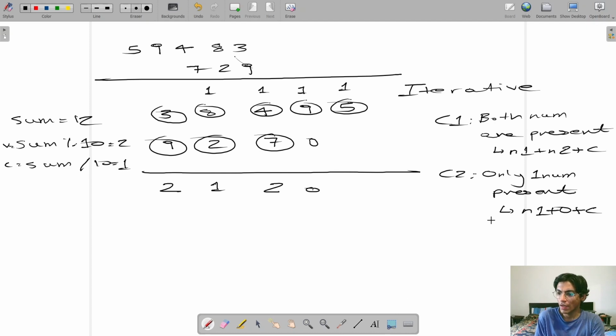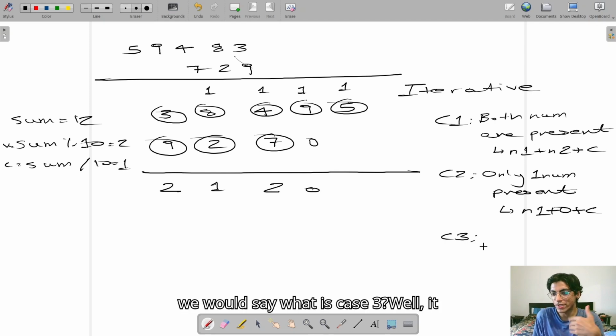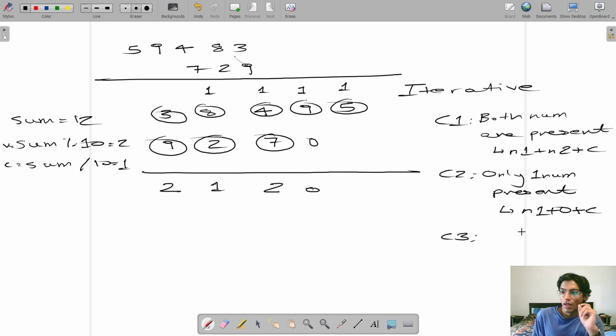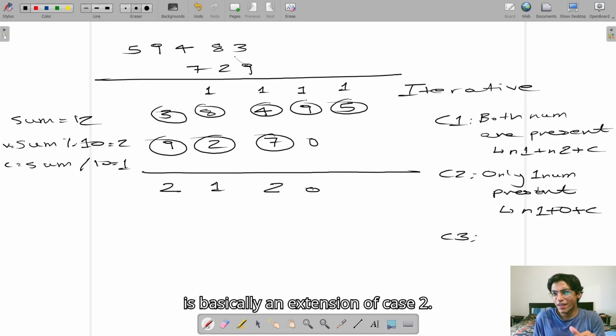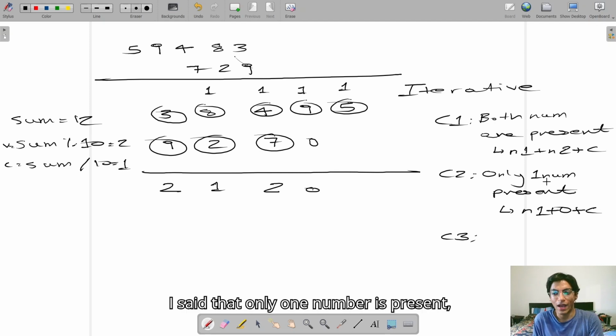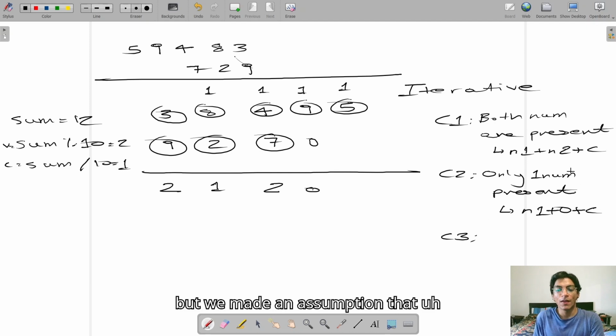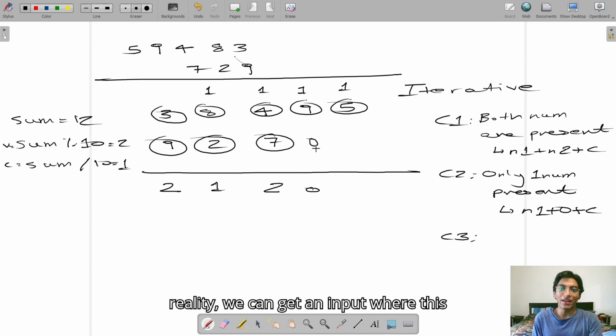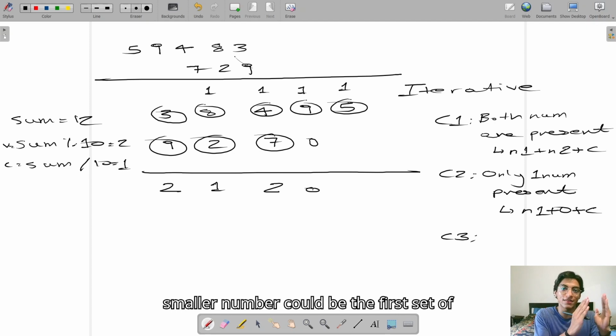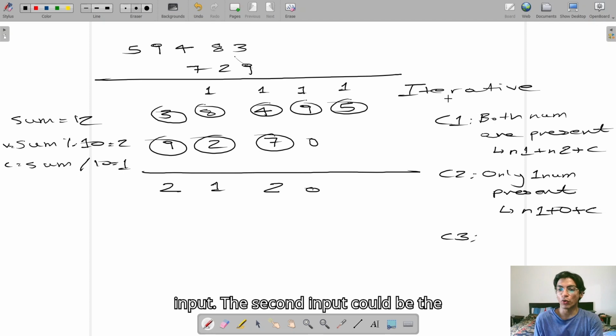Okay. Then case 3. Now what is case 3? Well, it is basically an extension of case 2. I said that only one number is present, but we made an assumption that the first list is what will have the extra number and the second list will not have the additional number. In reality, we can get an input where the smaller number could be the first input, and the second input could be the longer one.